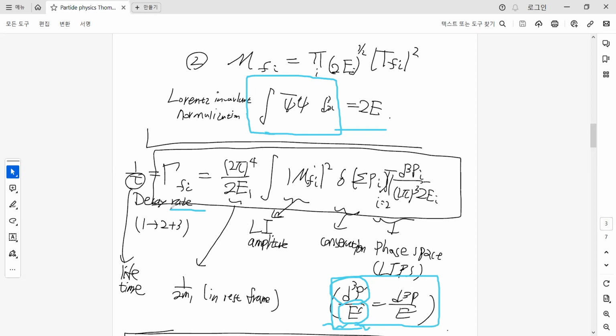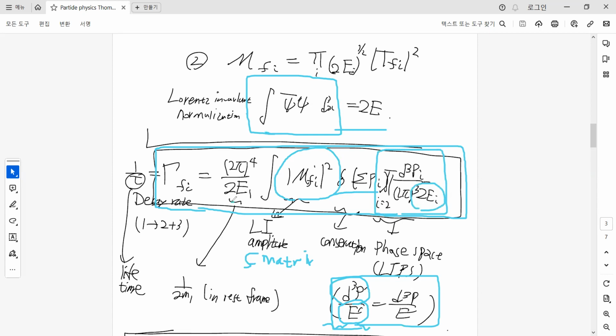So there's one important result of the discussion: the formula for the decay rate is given like that. First of all, there is the square of the Lorentz invariant amplitude, also called the S matrix, which can be obtained from the Feynman diagram. And there is the four-momentum conservation, and the phase space factors and the Lorentz invariant factors are multiplied.